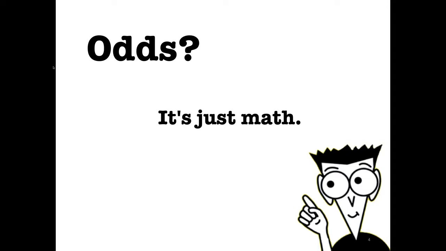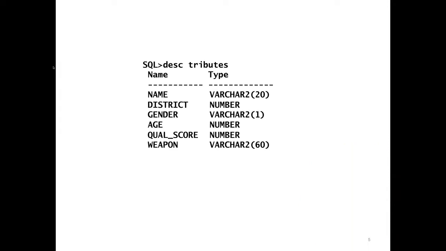So really it's just about math, and over the next few minutes I want to show you some simple math that is used by the optimizer to derive some of the operation decisions it makes around execution plans. In order to do that, I want to start out with a very simple table.